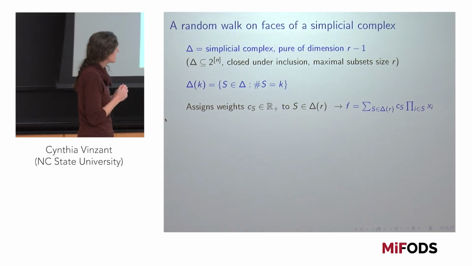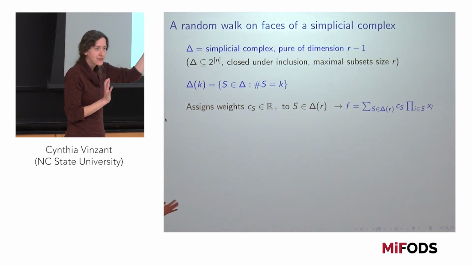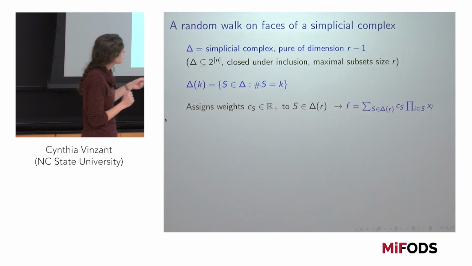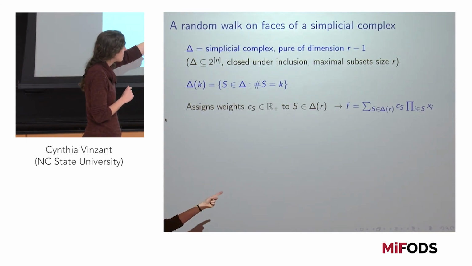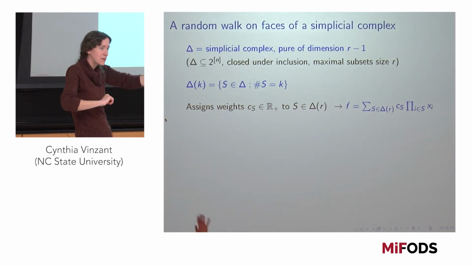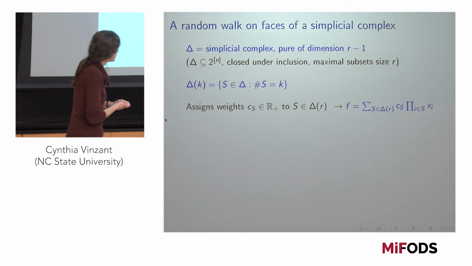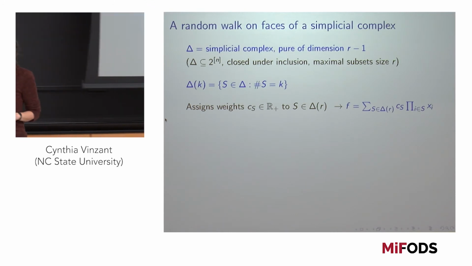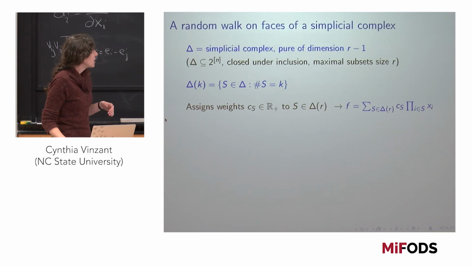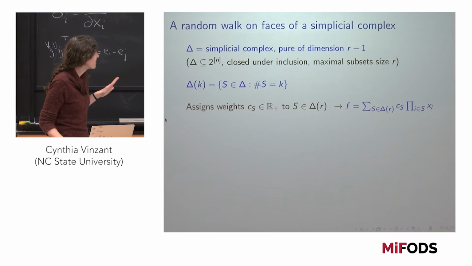And I can record all of this data, as I like to do, in a polynomial, where I sum over all the maximal subsets, take the weight, and multiply it by the corresponding binomial. And we'll just hold on to that for a moment.